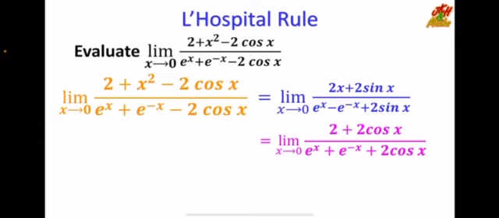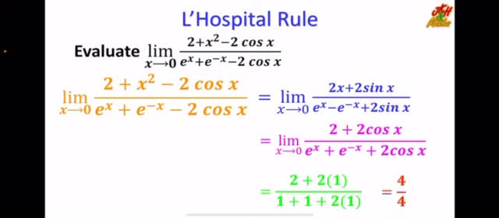By substituting the value of x equal to 0 into the limit, the numerator will be 2 plus 2 multiplied by 1, because cos 0 is equal to 1, and the denominator is equal to 1 plus 1 plus 2 times 1.